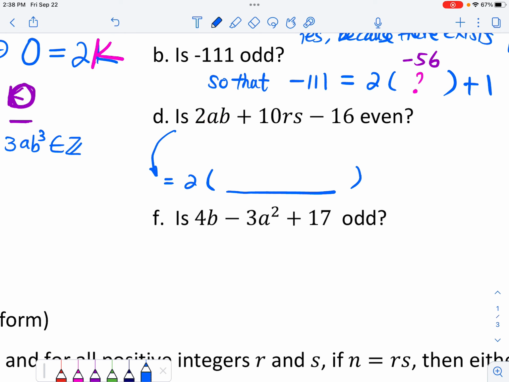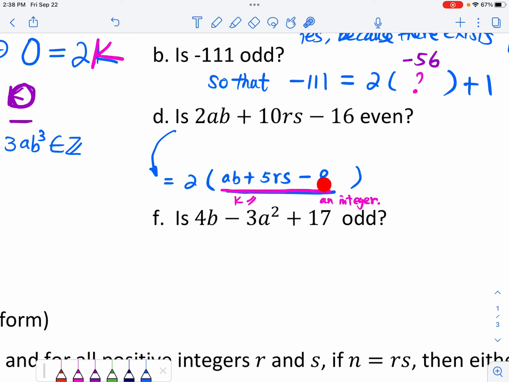The answer is yes. You just simply factor out the 2. So you have ab plus 5rs minus 8. Do you see that this is an integer? And this is your k. Basically, you let this be your k. Then this term is equal to 2 times k.